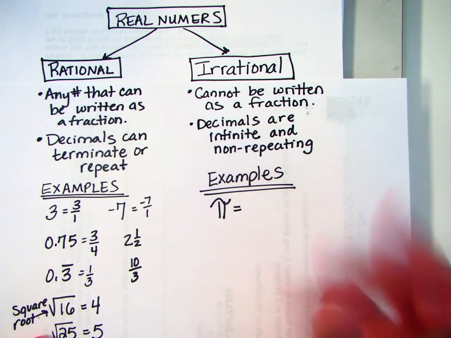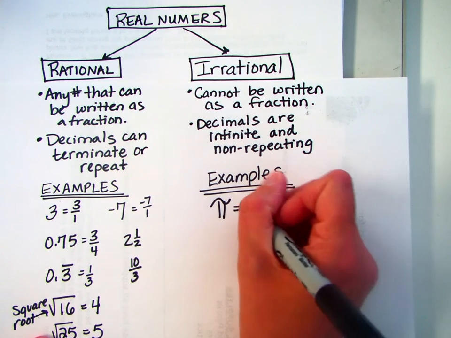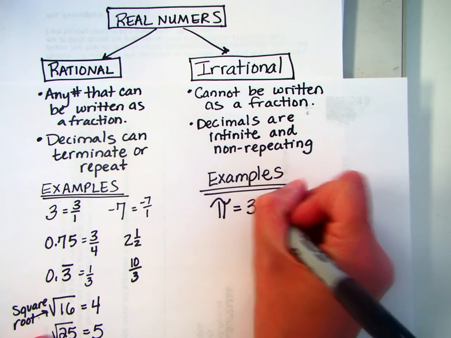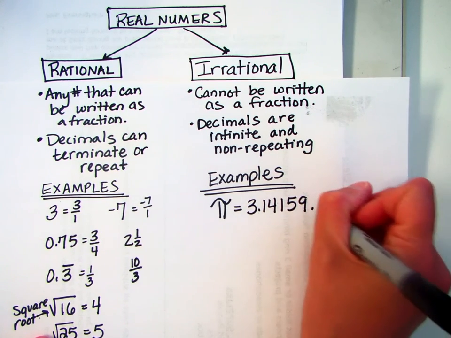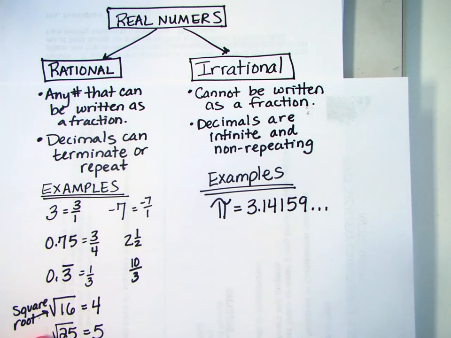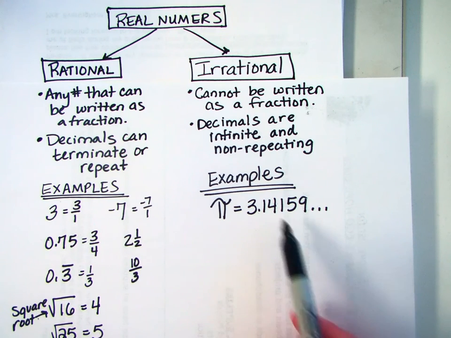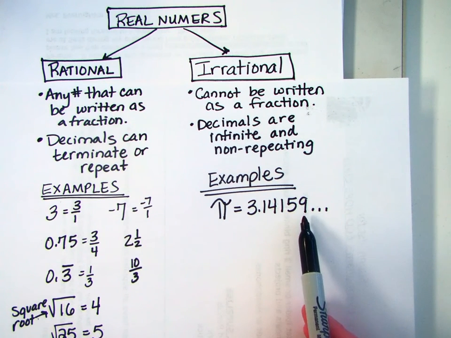But really, pi is 3.14159, and it's going to keep going for pages and pages if we could list it out. Okay, random numbers, no pattern, and it is infinite.